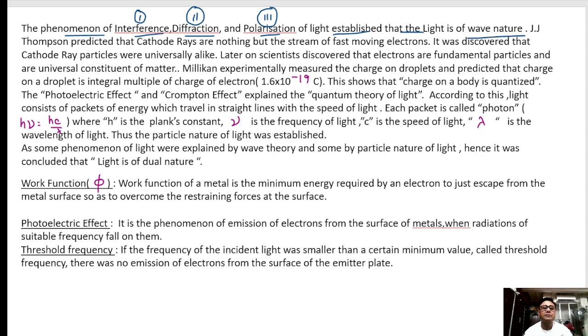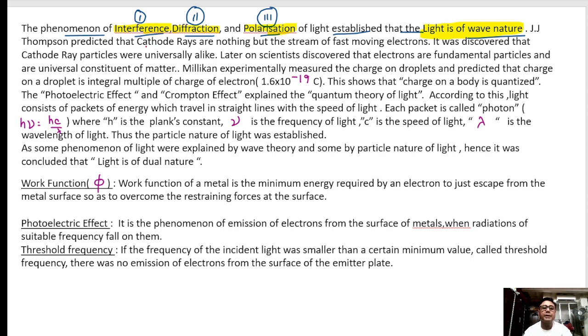Please understand this: these three phenomena, interference, diffraction and polarization, establish that light is of wave nature.